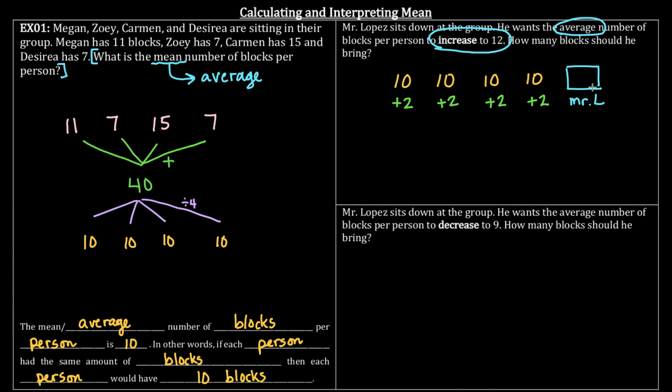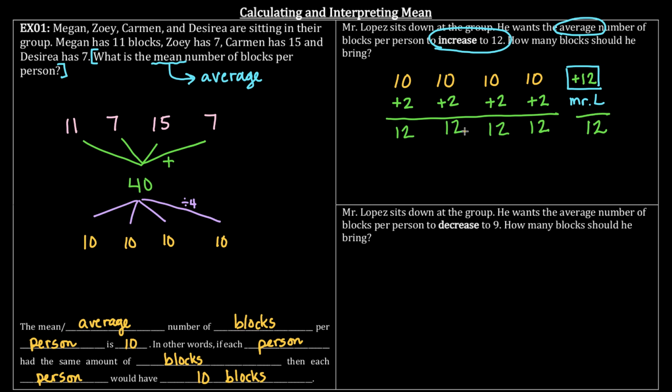So if we split them equally, they would have to give me some, so they wouldn't have 12 anymore, right? So I need to bring another 12 for myself. That way, I also have 12.